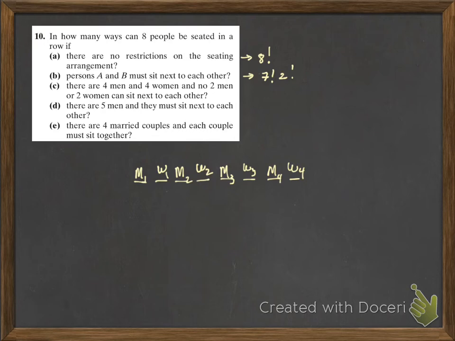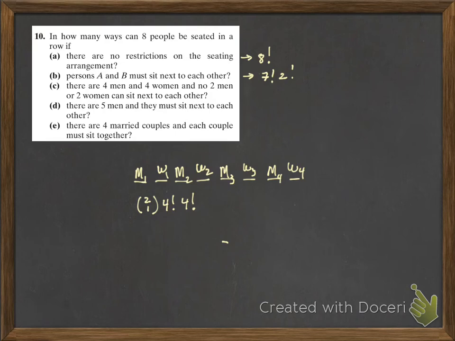So once we've decided that, so man first or woman first, well, we have 2 choices there, so we'll say 2 choose 1. That is the step of choosing who goes first. Once that's fixed, well, now it's just arranging the men in their respective gender assigned seats and arranging the women. So we have 4 factorial ways to arrange the men, and then 4 factorial ways to arrange the women.